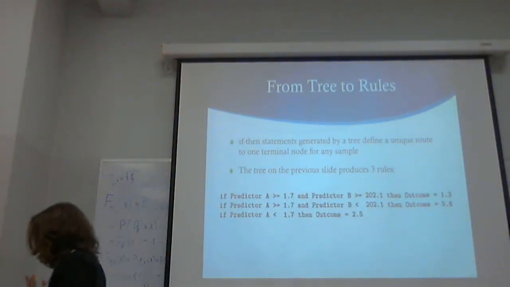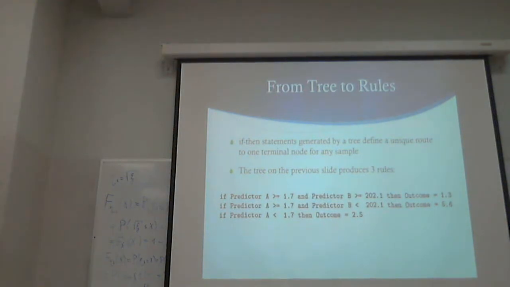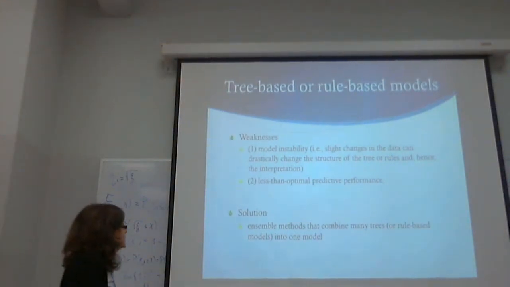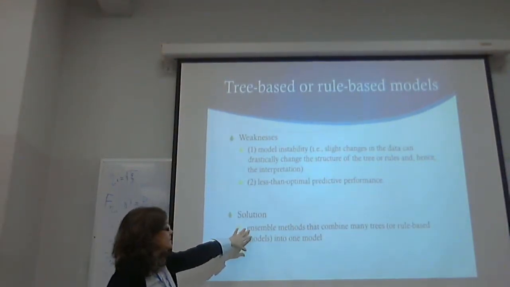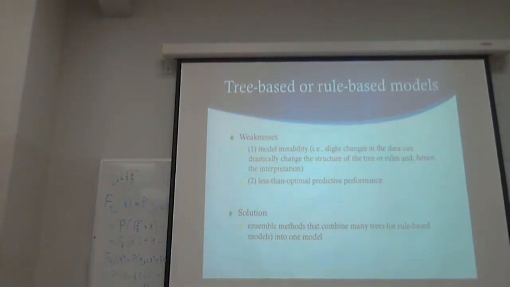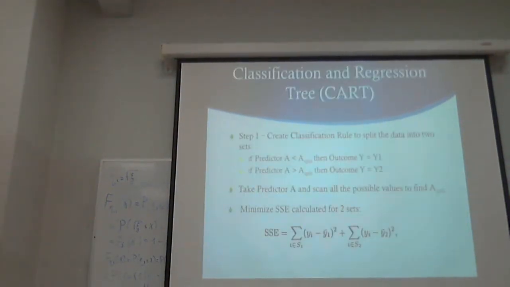So there are many others. The good thing about trees is that they're very easy to interpret. This is what I already told you: the weakness of this model is instability, and the solution is the ensemble method. We finish today with the ensemble method.